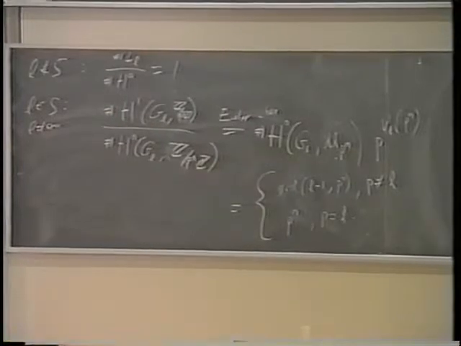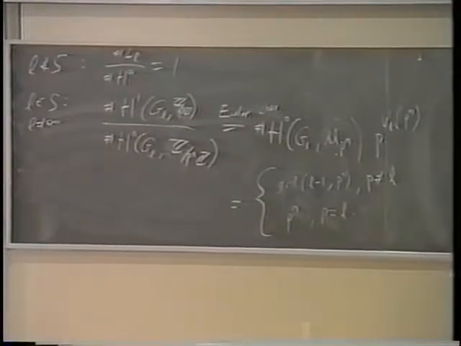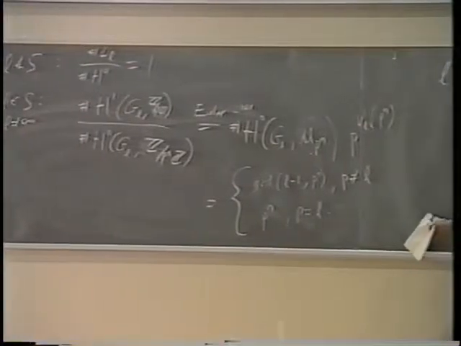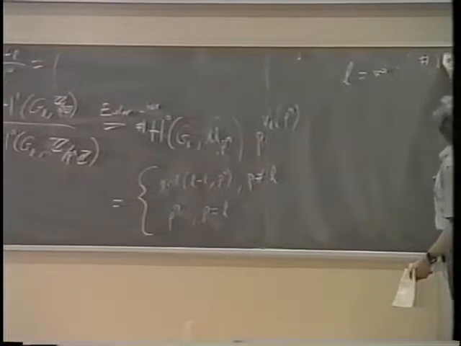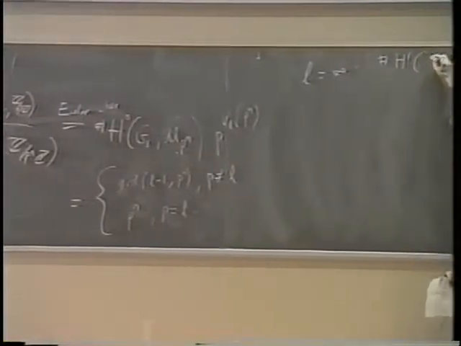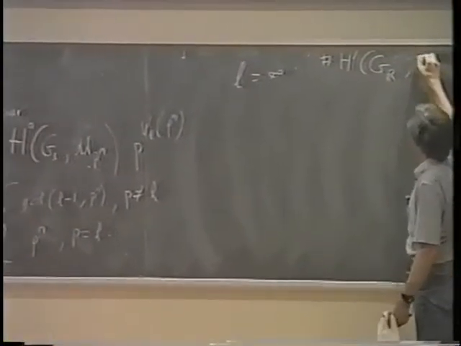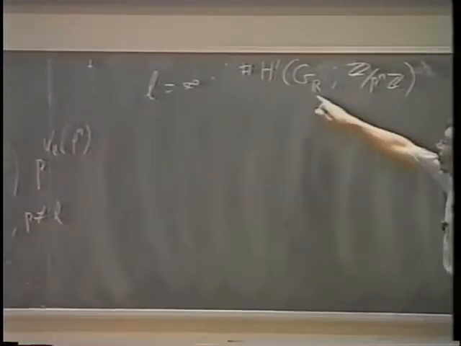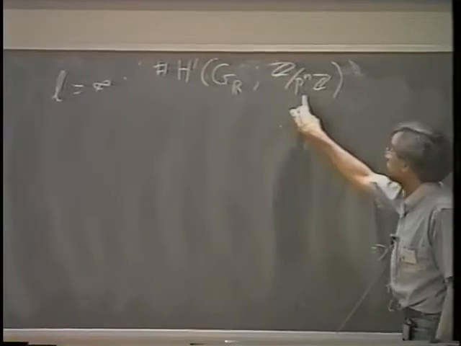Okay, so now we've evaluated all the factors on the right except what happens if L equals infinity. So at L equals infinity, well, again, we get the order of H1. Now, we don't have a very complicated group here. It's G sub R, so it's a group of order 2, acting on Z mod p to the n Z. So that's just homomorphisms from a group of order 2 to a group of odd order.